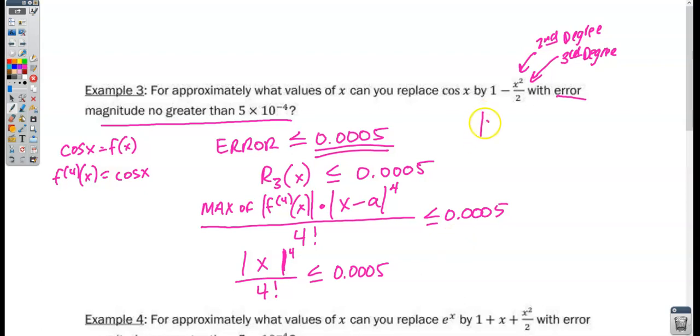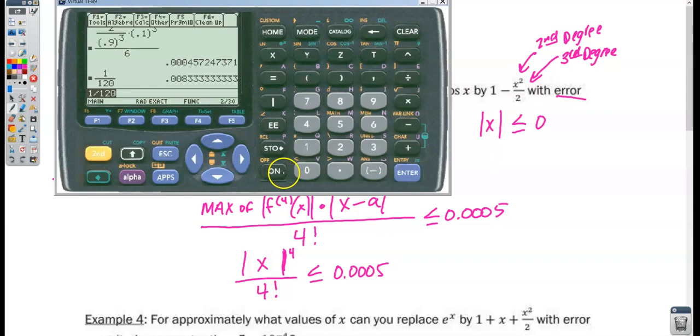I've got that the absolute value of x is less than or equal to, and I'm going to take 4 factorial times 0.0005. Sorry, my brain's firing a little short here.